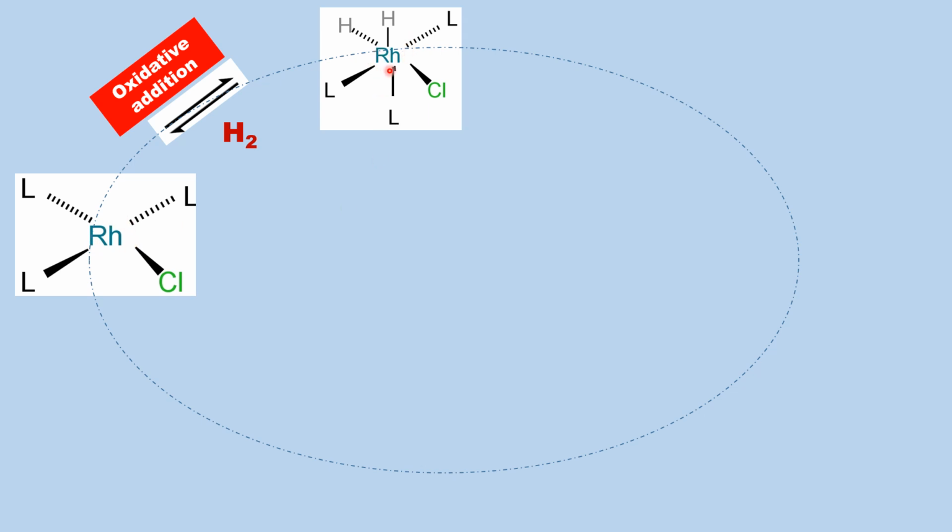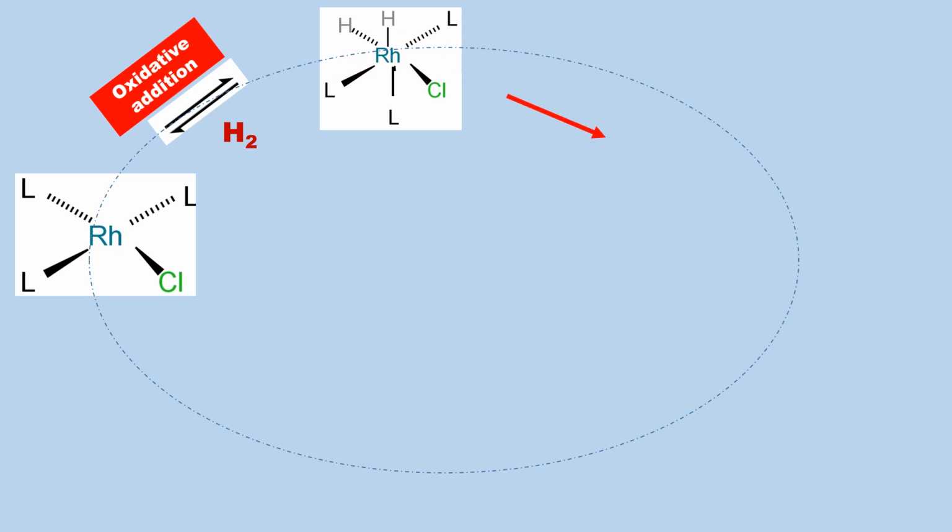In this state it is +3, so it forms hydride, the oxidative addition compound. This is a square planar complex, and this is an octahedral complex. This is a 16 electron species, this is an 18 electron species.